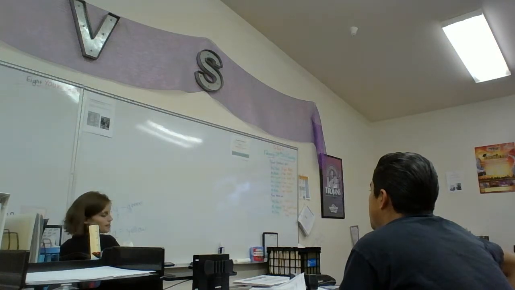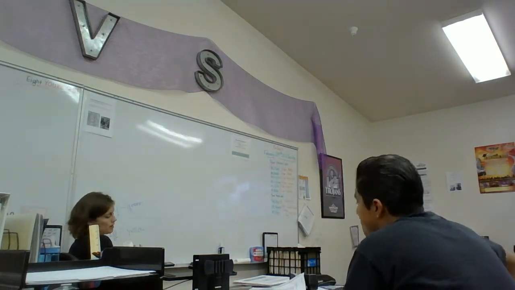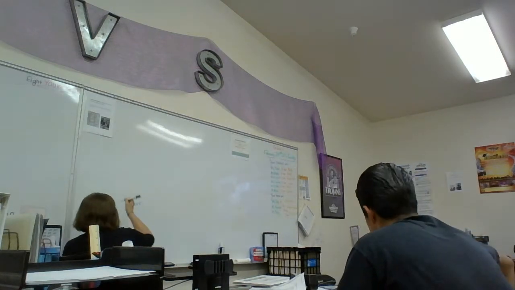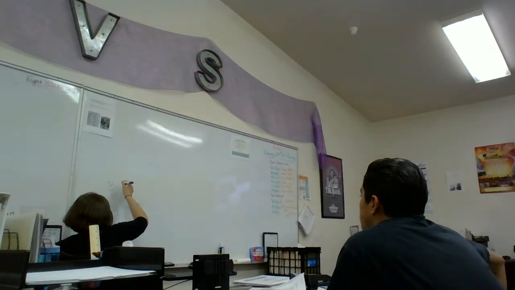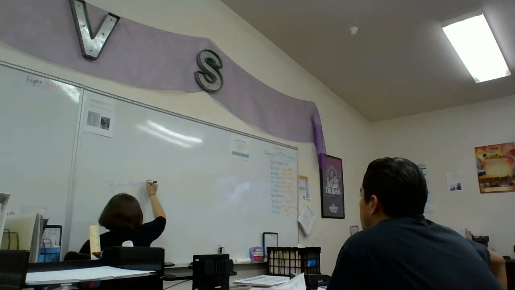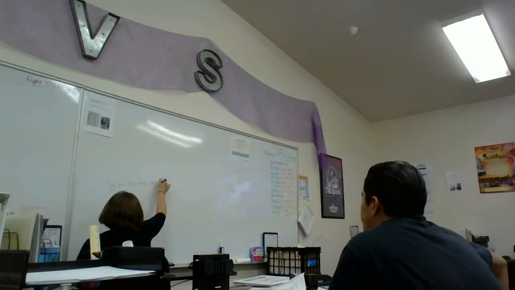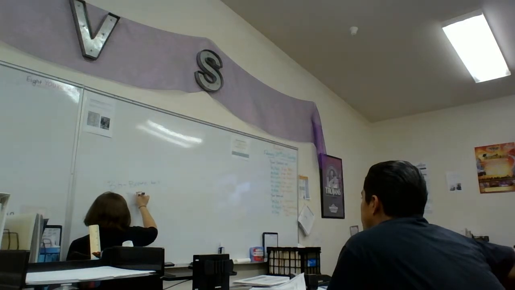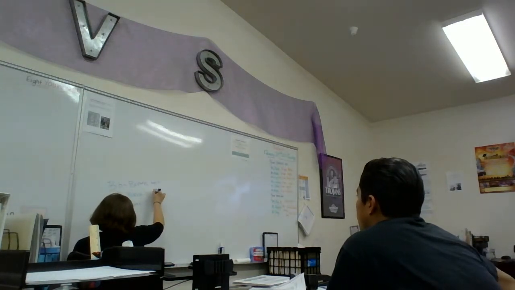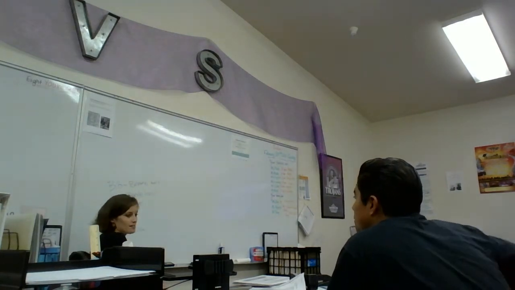Anytime there's a capital letter, that's what is going to be represented. So if I have big B, little b, that would be brown hair. But if I have little b, little b, that would be blonde hair. Does that make sense?